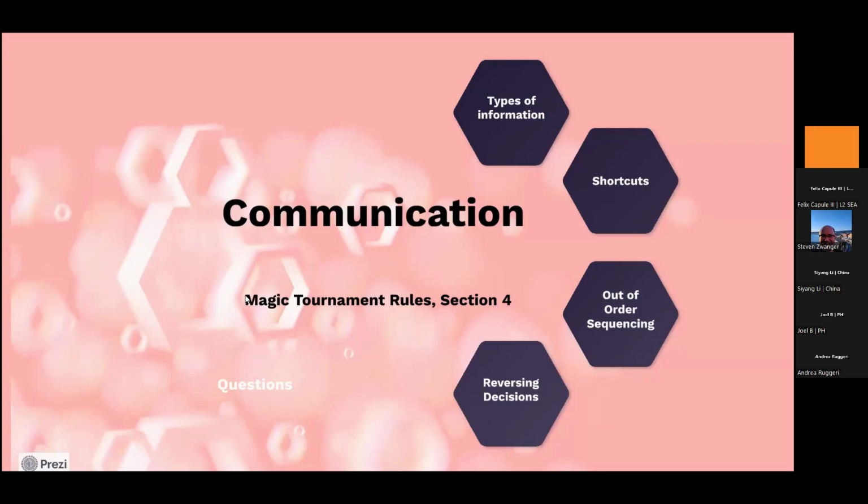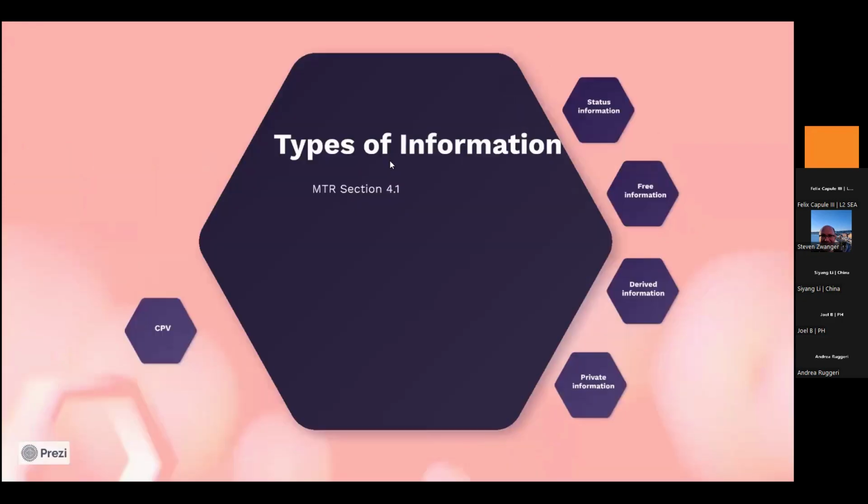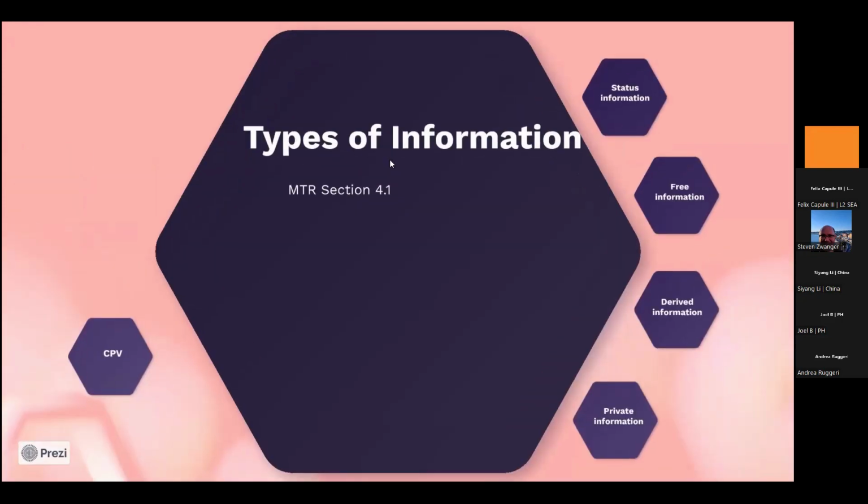So let's start then with types of information. Types of information is covered in section 4.1 of the MTR. This is one of the oldest sections of communication policy.